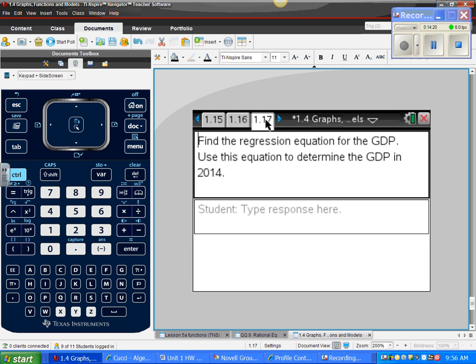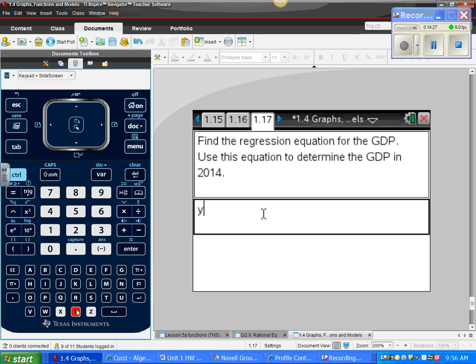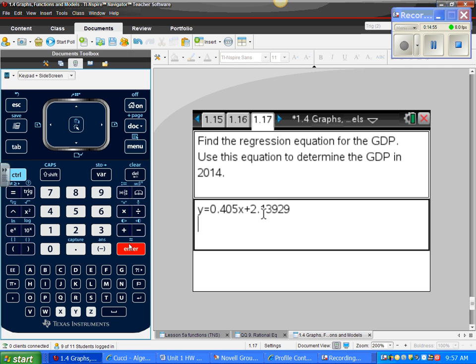All right, so find the regression equation. Use this equation to determine the GDP in 2014. Our equation was y equals 0.405x plus 2.13929, and actually we should be talking in terms of t for time, and then really money. That was our regression equation, right?